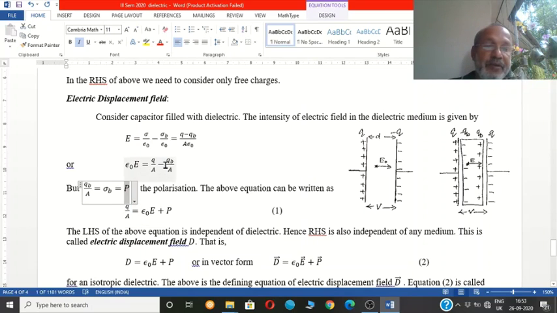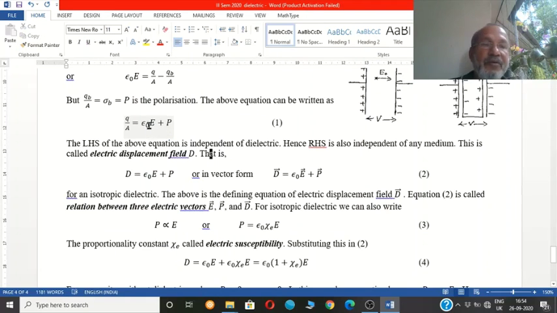So we can substitute that here. This QB by A will become P, so this is minus P on the RHS. That can be taken to the left hand side, then it will become plus P. So you get epsilon 0 E plus P, and on the RHS you get Q by A. So Q by A is equal to epsilon 0 E plus P.